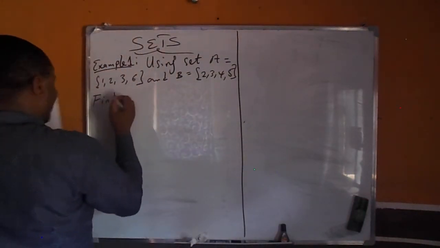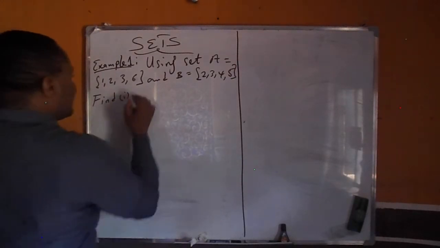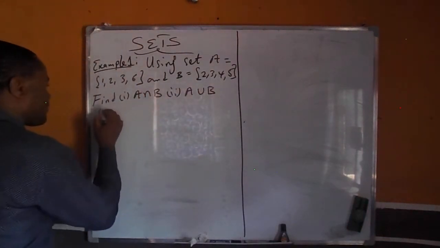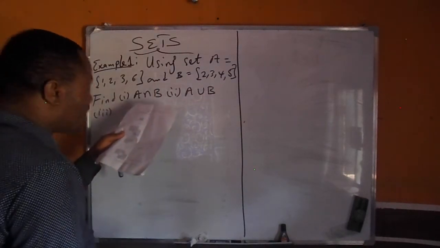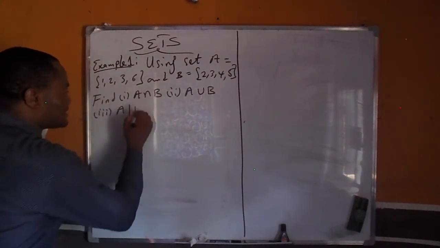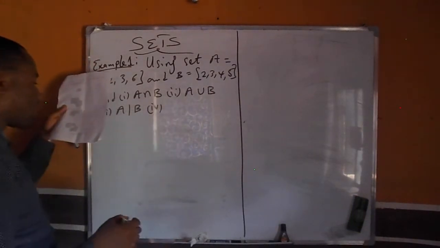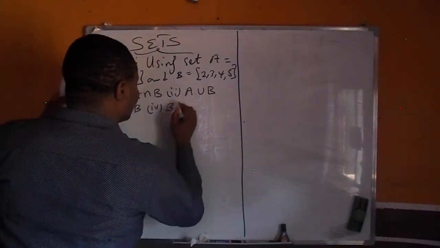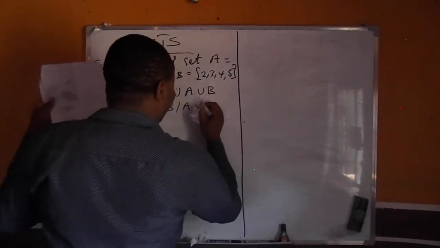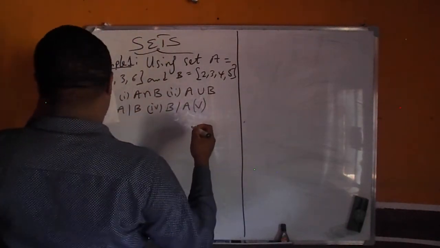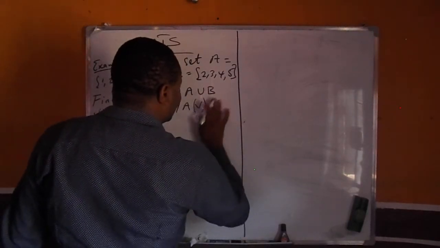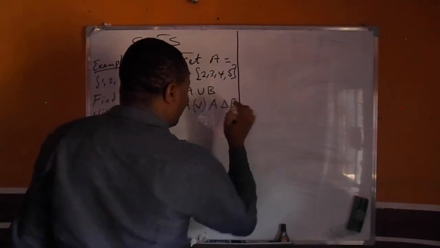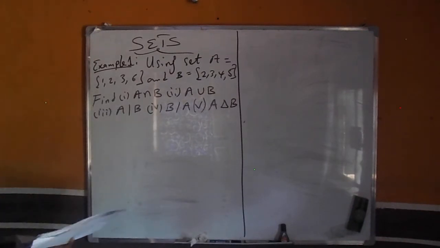Find, Roman figure 1, A intersection B, Roman figure 2, A union B, Roman figure 3, A without B, A slash B, Roman figure 4, B slash A, and Roman figure 5, the difference between A and B. Now, we want to work this.